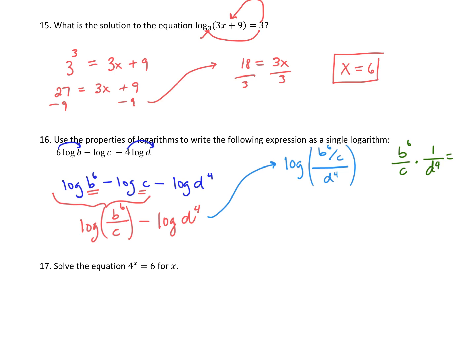And so we can see that this will simplify to b to the 6 over c d to the 4th. I just multiplied straight across. So this fraction right here simplifies to this fraction over here. So our final answer is log of b to the 6 over c d to the 4th.